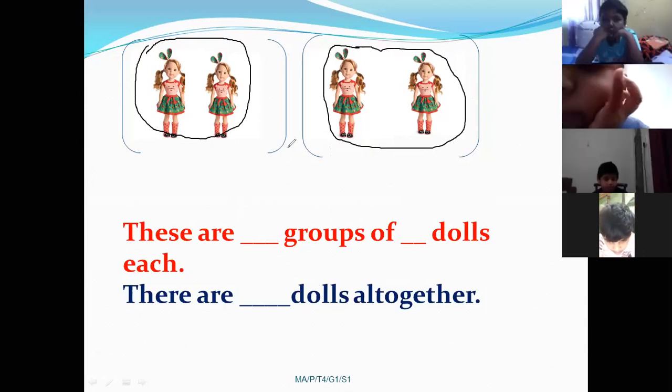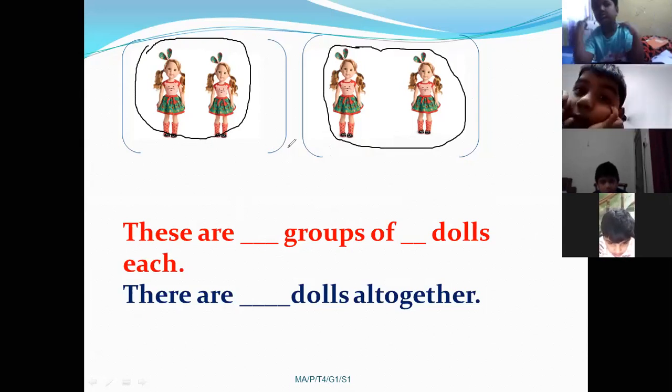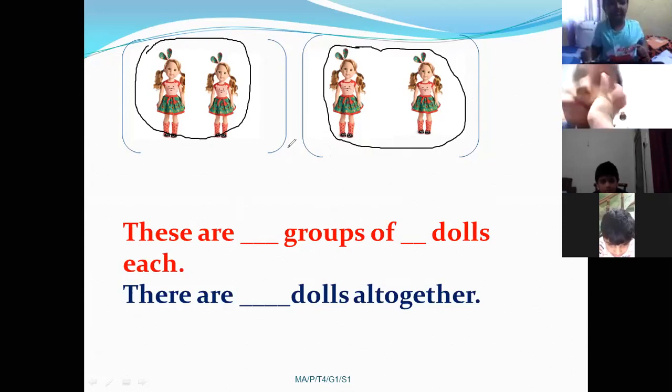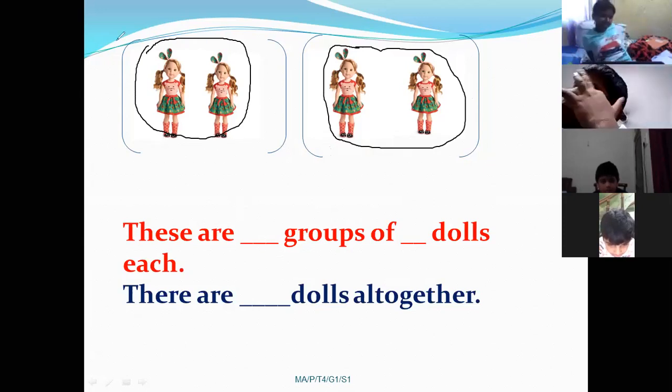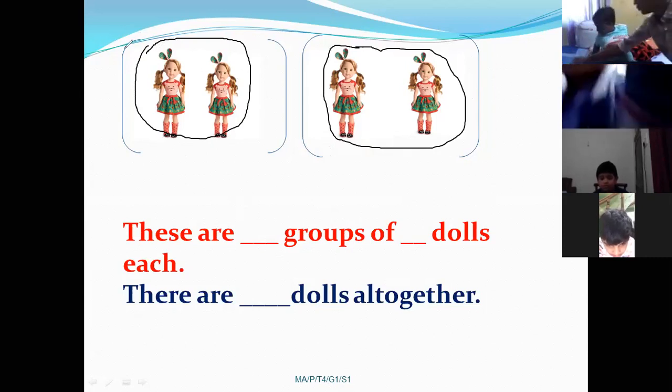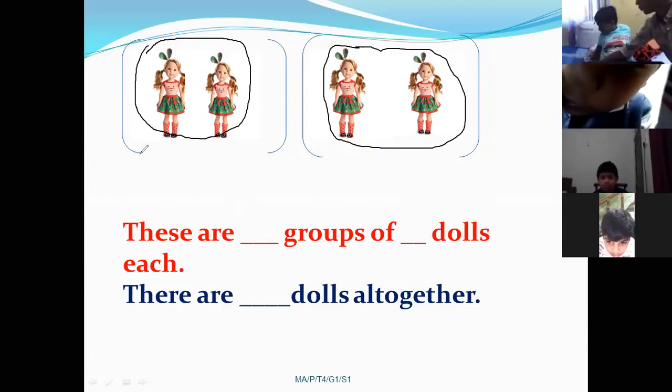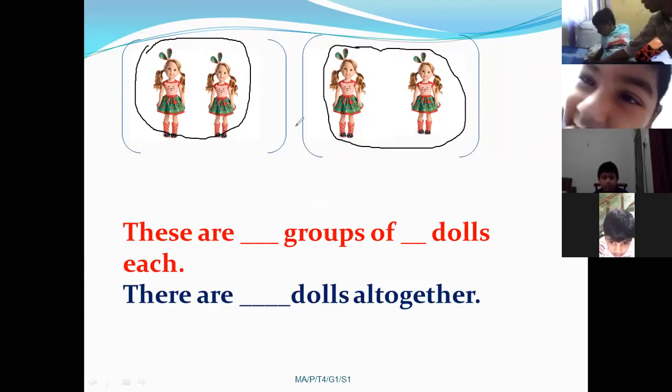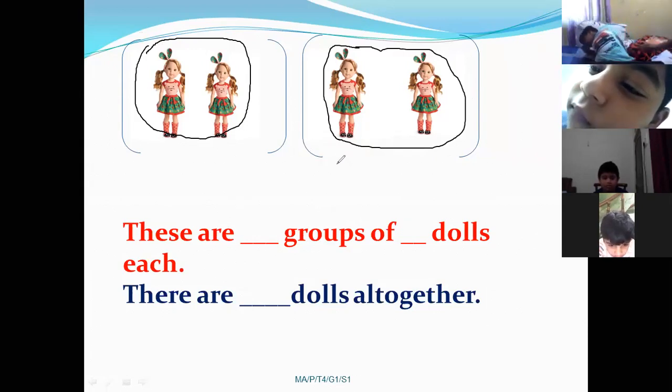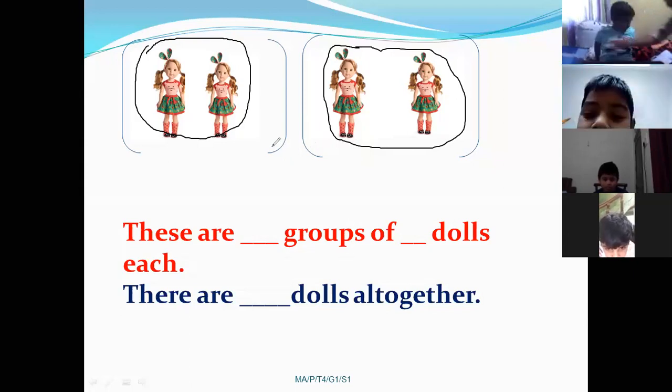Now tell me how many groups are there, Suryansh? 8. No. I have drawn a circle also here. You can see this blue color line, no? This is one group. And this is your second group. I'm moving my cursor here. Now tell me. Okay, Suryansh, can you see this black color line I have drawn around these two dolls?